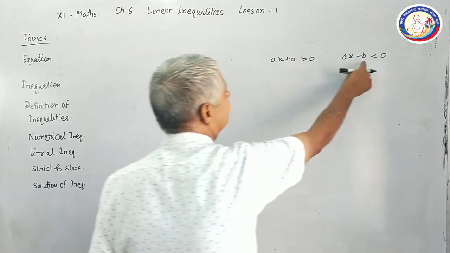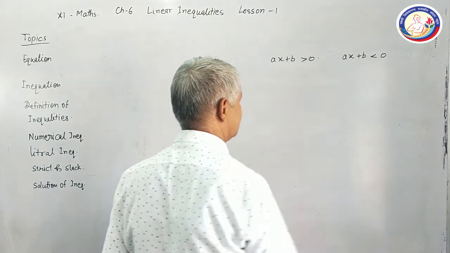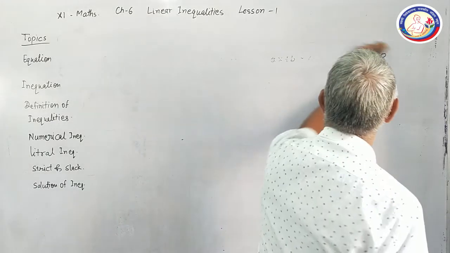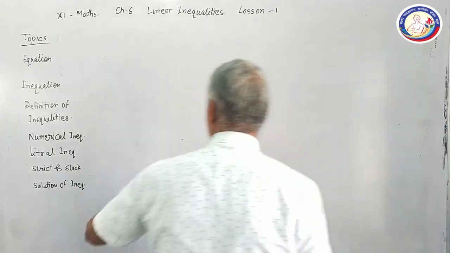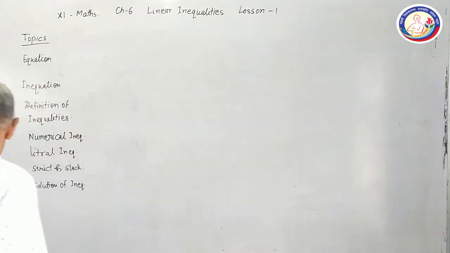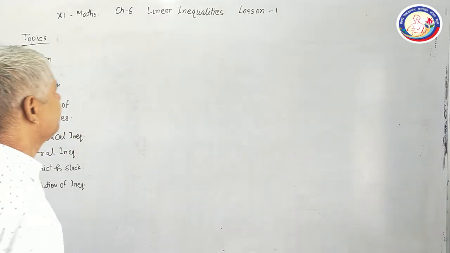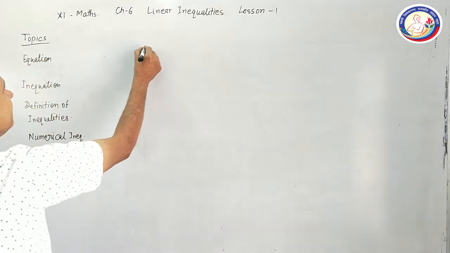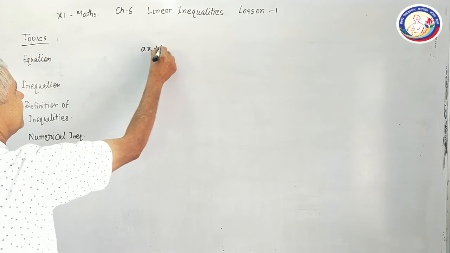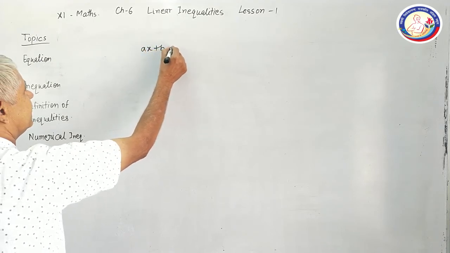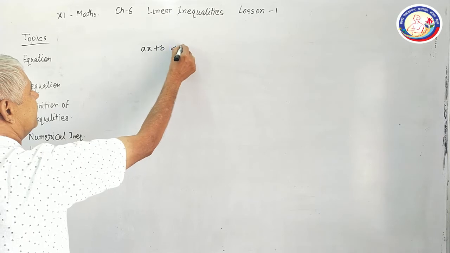These are two types of inequality. Now what is inequality? We understand it further. Just say ax plus b is one side and it is less than 0.